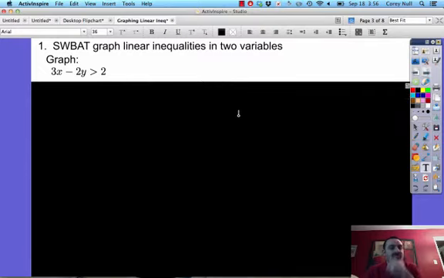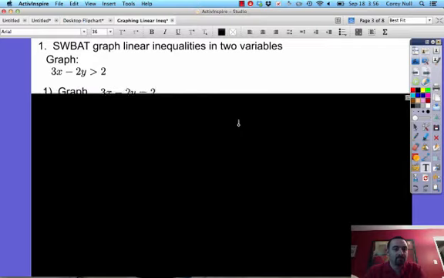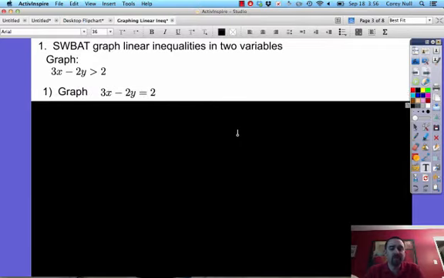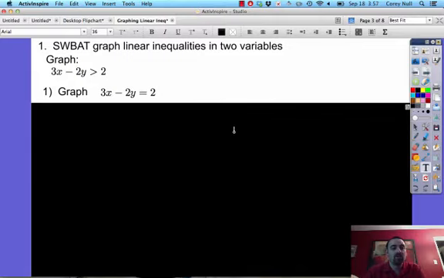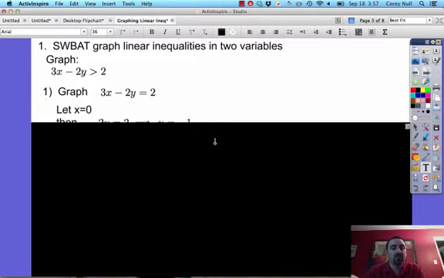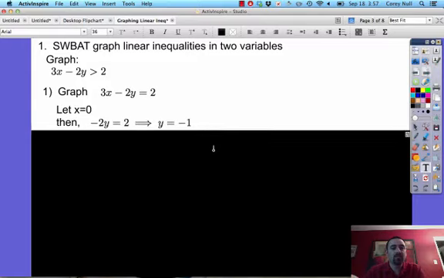So we're going to try graphing this inequality. The first thing we do is change the inequality to an equality and graph the line that results. This is in standard form. If I let x equal 0, then I get negative 2y equals 2, and y equals negative 1.